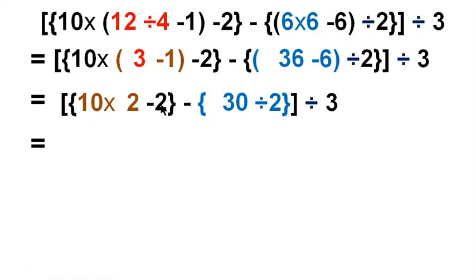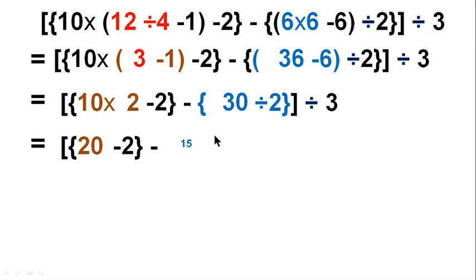In the second bracket there are two operations, multiplication and subtraction, but we should multiply at first. If we multiply 10 by 2, we can get 20, and minus 2, second bracket closed, all these will be written here same. And next 30 divided by 2. If we divide 30 by 2, 15 will be quotient, and all these will be written here same.